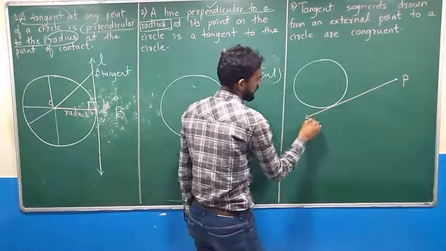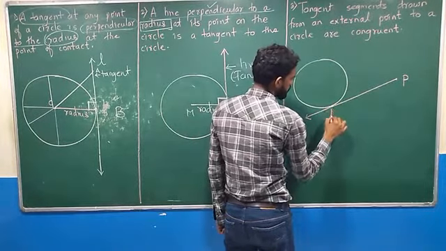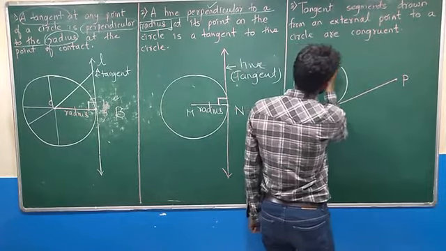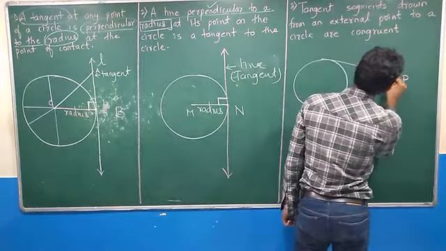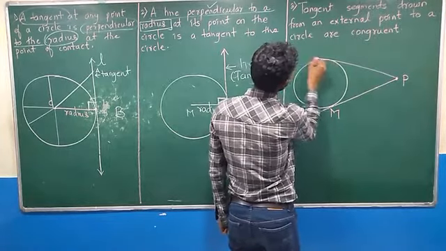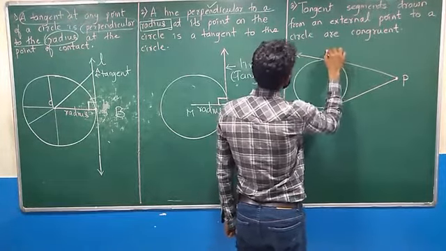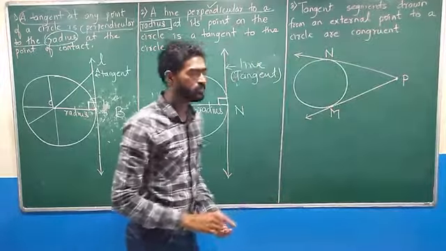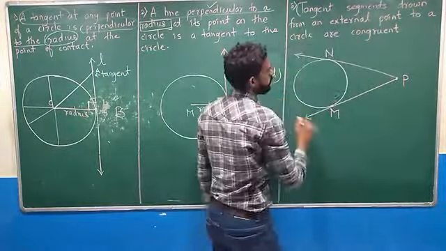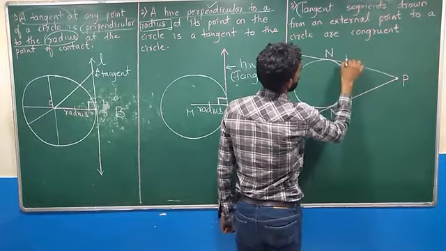This is my first tangent, PM, and this is my second tangent, PN. Now what does this question say, tangent segments. Look, this one is my tangent.